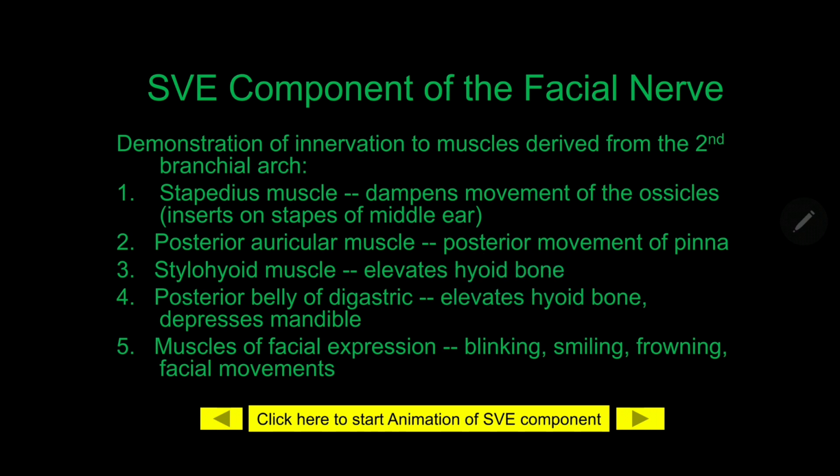Then talking about the posterior auricular muscles. You have extrinsic auricular muscles: anterior auricular, superior auricular, and posterior auricular, right? So the anterior and superior auricular are supplied by the temporal branch of the facial nerve, right?